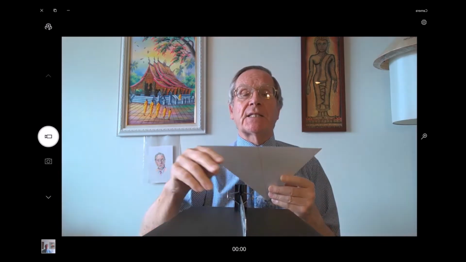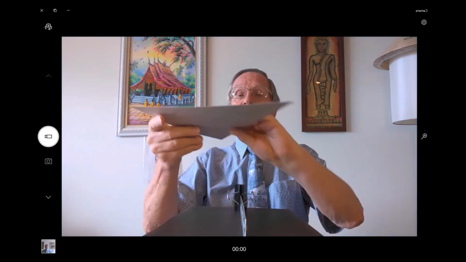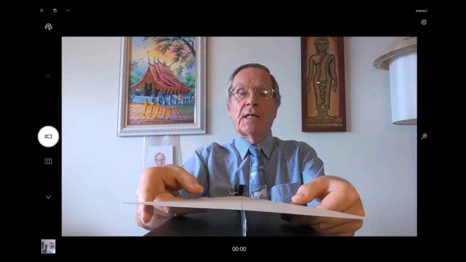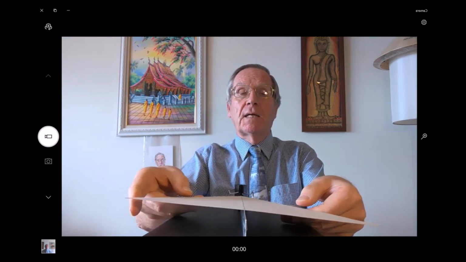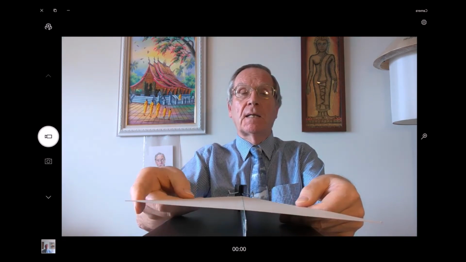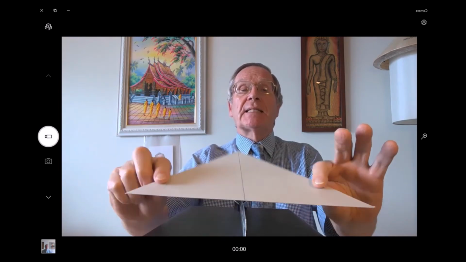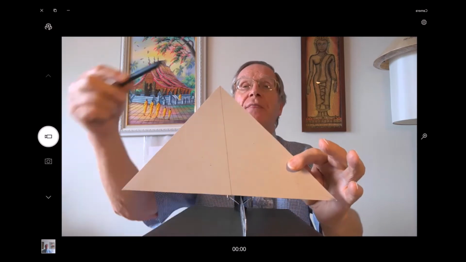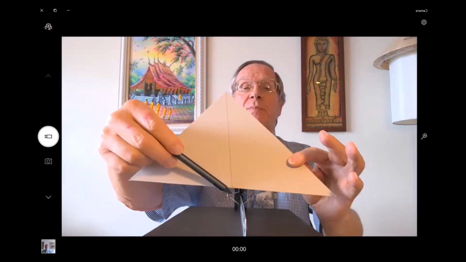If I balance this triangle, let's suppose I balance it with the vertex on the ruler, and we're balanced. That is balancing about that line. It starts at the top and goes down to this point on the bottom side.